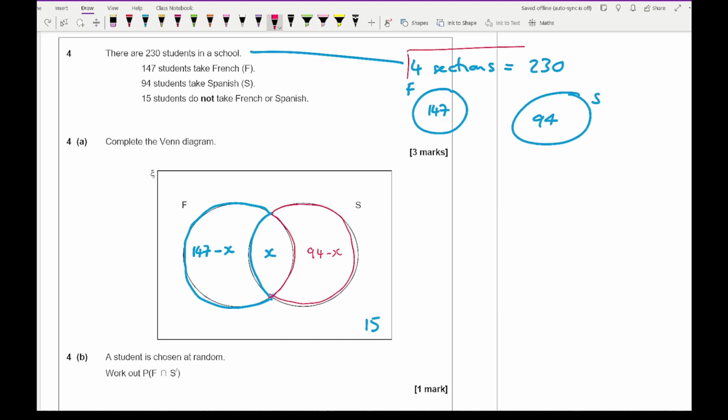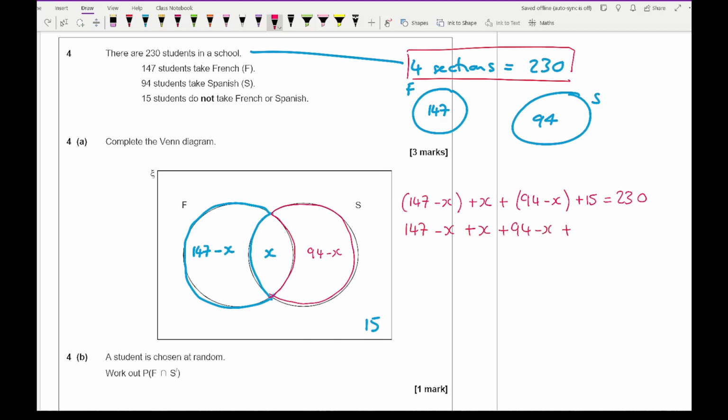Now using the information that all 4 sections need to add up to 230, what we've got is 147 minus X plus X plus 94 minus X plus 15 equals 230. So if I expand the brackets, I get 147 minus X plus 94 minus X plus 15 equals 230.